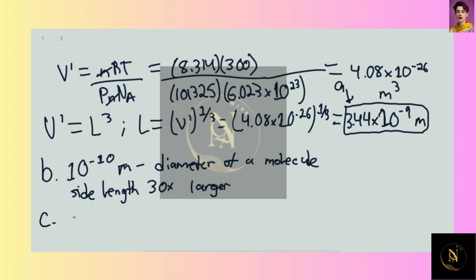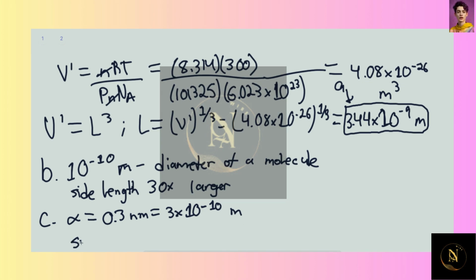And then C says that the spacing in a solid is 0.3 nanometers, so this would be 3 times 10 to the negative 10th meters. And this is approximately 10 times. So here the spacing is pretty close; it's only one order of magnitude off.